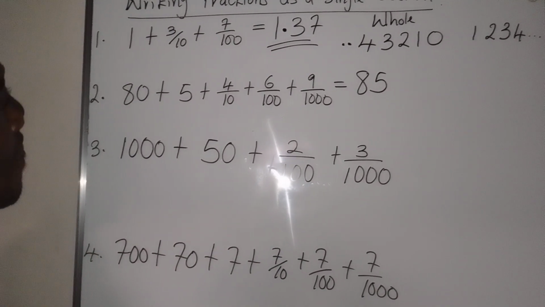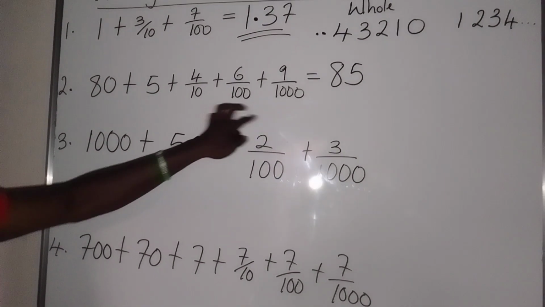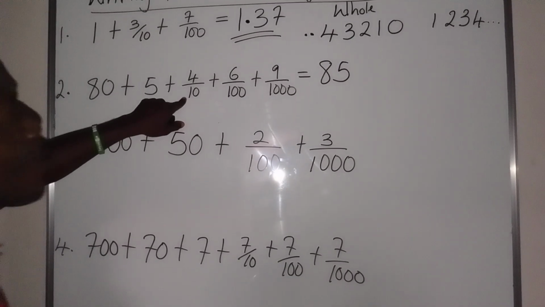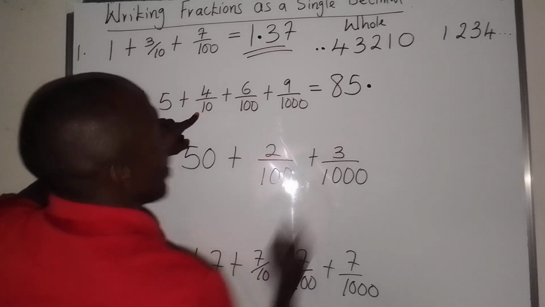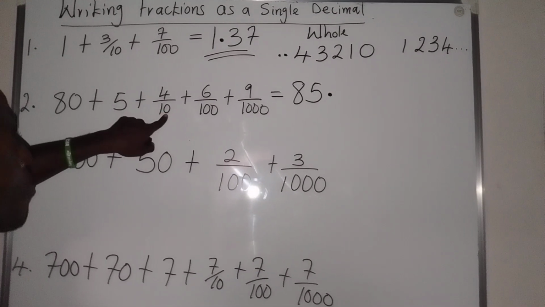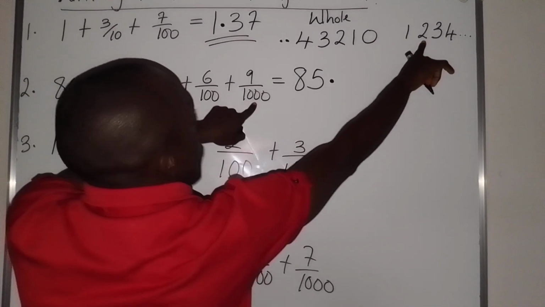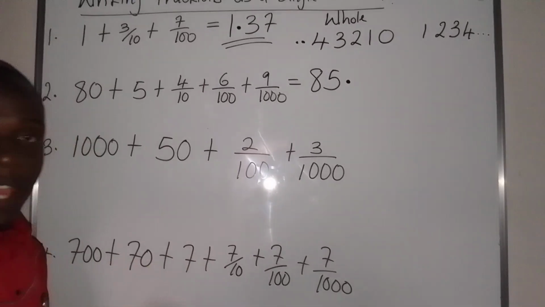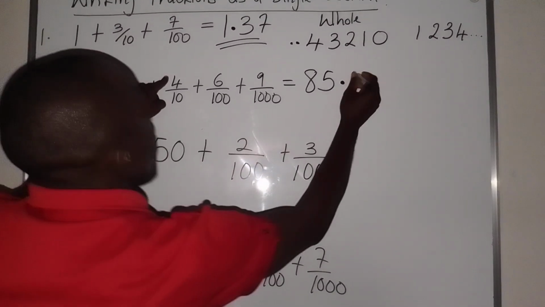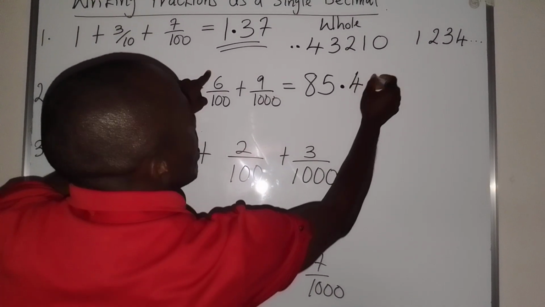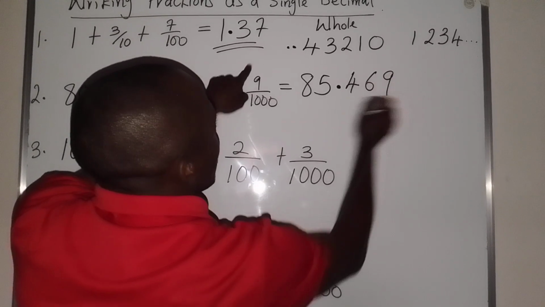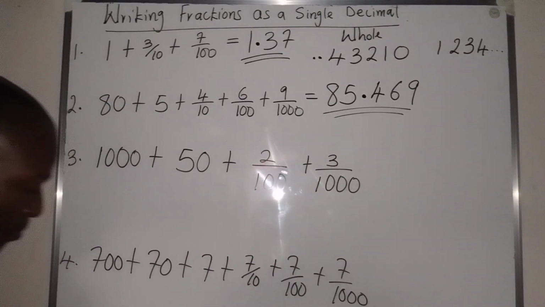Okay, let's go to the decimal part, or the fraction part of the number. Before we commence, we introduce our decimal point. So this is a number with 1 zero, a number with 2 zeros, a number with 3 zeros. So they didn't skip anything. So we just pick the numbers the way they are. This is 4, 6, 9. So this is our answer.